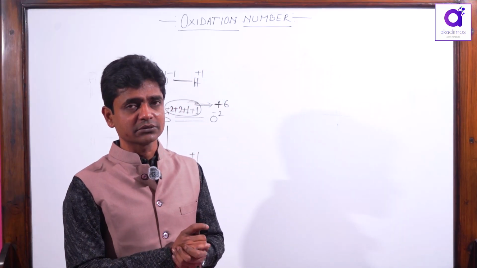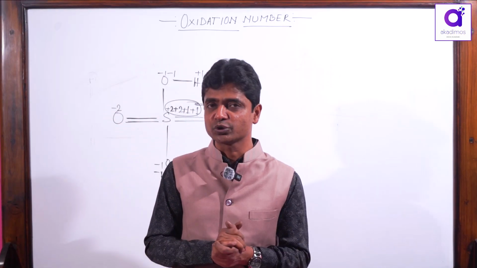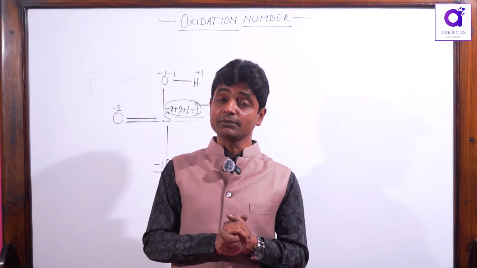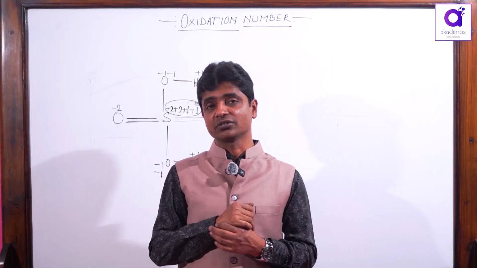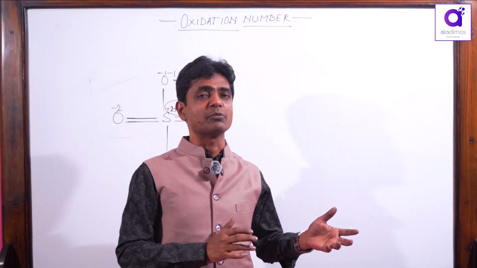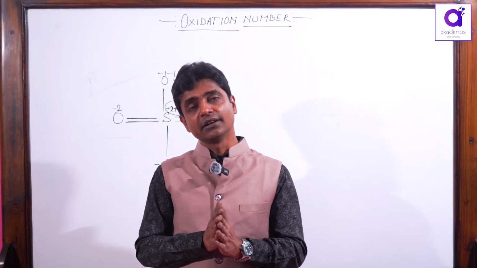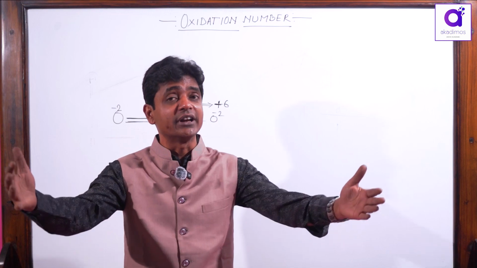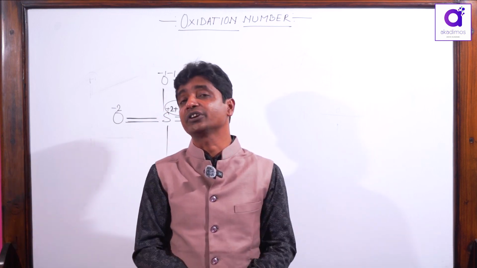For example, nitrogen. Nitrogen has valence electrons 5. Maximum it can take 3 electrons. That's why its minimum oxidation number is -3, which you will get in ammonia. Whereas a maximum of 5 electrons can polarize towards another, more electronegative atom like oxygen or fluorine.